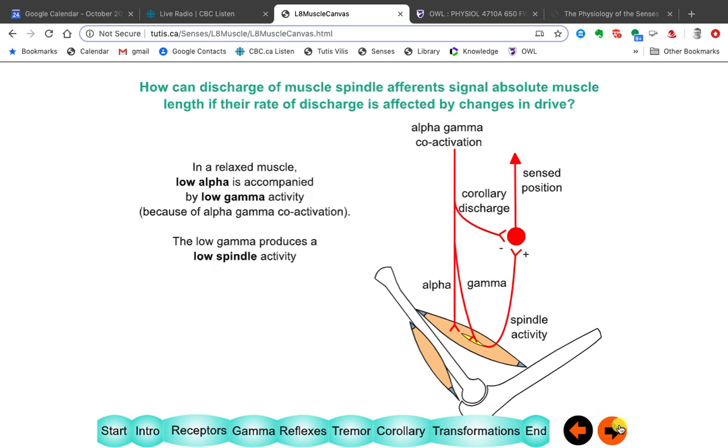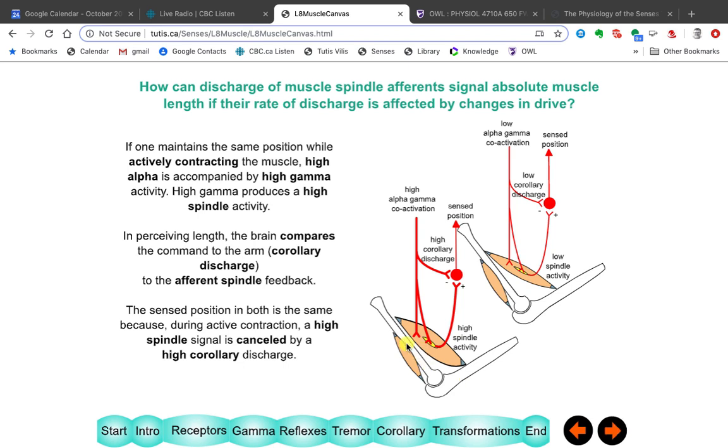So when the muscle is relaxed, you get little activity coming from the spindle, and that goes up here. But there's also little activity coming from corollary discharge, so you get some sense of position.